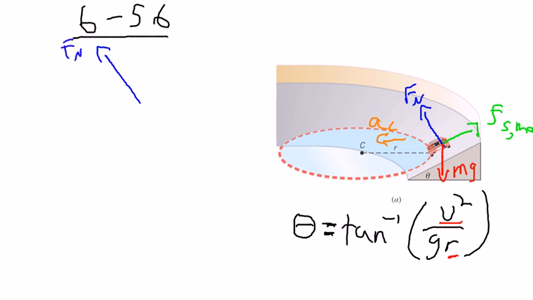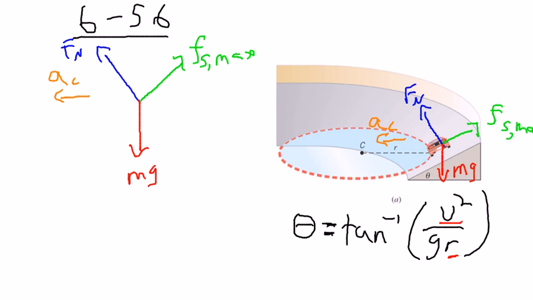So there's our normal force. Here's our friction force. Again, I'm being a little more dramatic with the slope, but that's okay. We've got the weight force going straight down, and we have the acceleration in towards the center. In this case, you really have two options for your axes, and it's totally up to you.